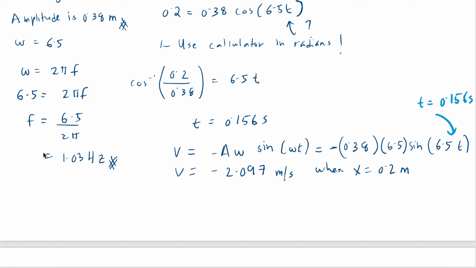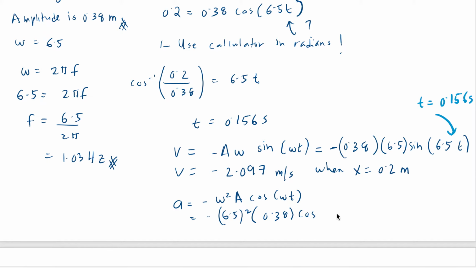Okay, the same thing for acceleration. You need to know what is the equation for that. It is omega squared A cosine omega t, right? Because I know it's negative omega squared x, so that is why I wrote it like this. x is A cosine omega t. Okay, that becomes a minus 6.5 squared, and my amplitude is 0.38.